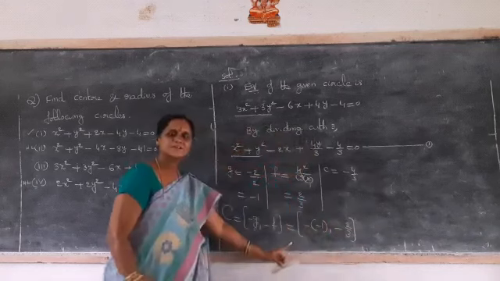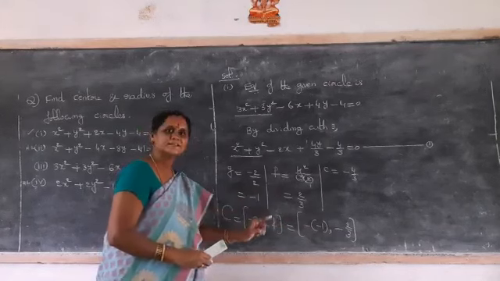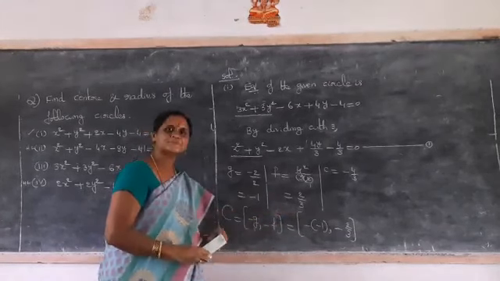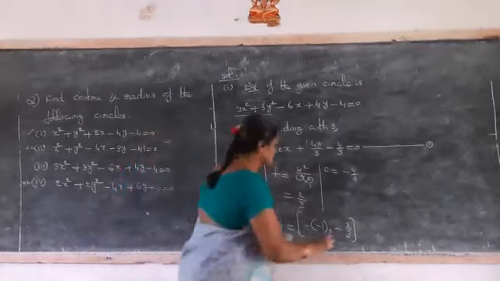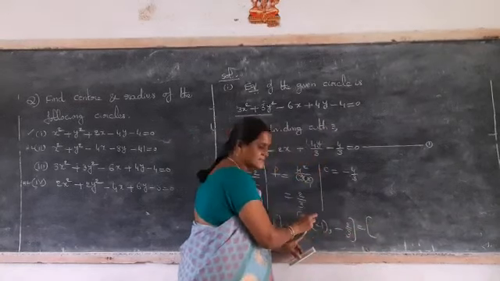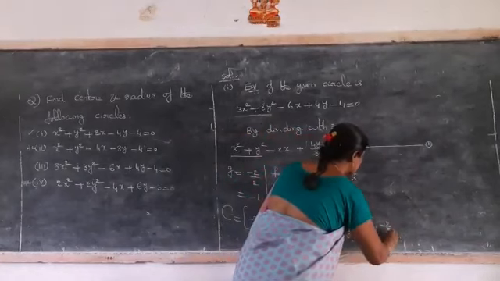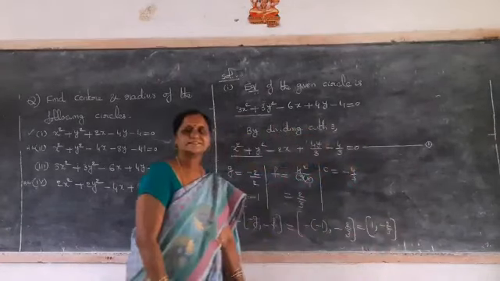Okay, I have done substitution. Wherever you have symbols, copy them and substitute in G, F, which is equal to the point. So minus of minus 1, that is plus 1, comma minus 2 by 3. Okay, this is our center.